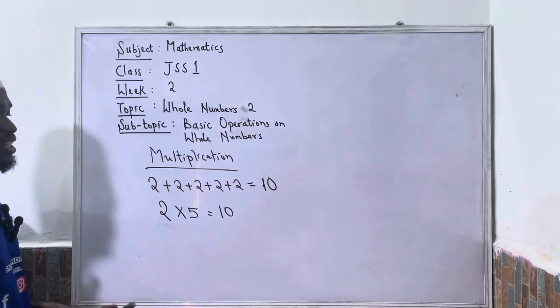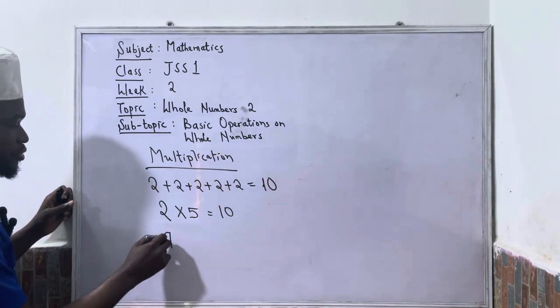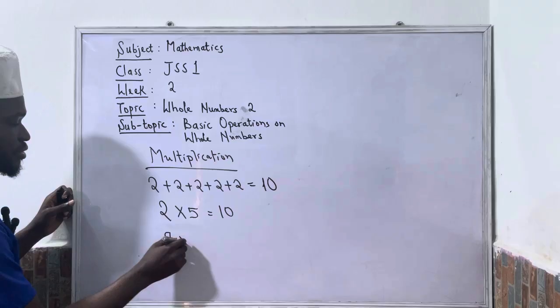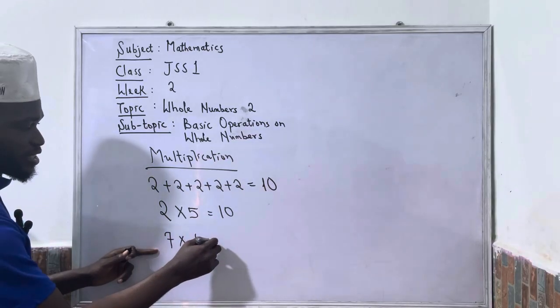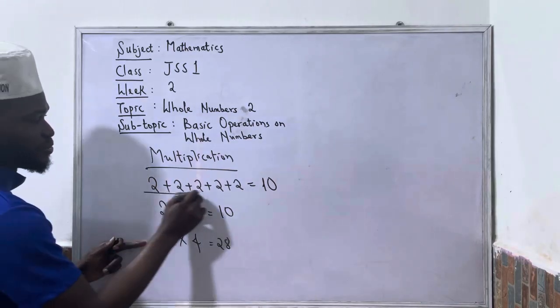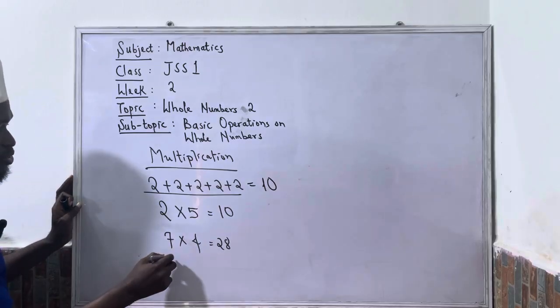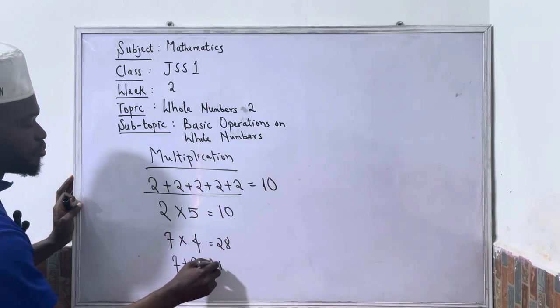Alright, so if you are asked to break down 7 times 4, of course you know that the answer will be 28. If you are asked to break it down with addition, I'm just saying 7 plus 7 plus 7 plus 7.